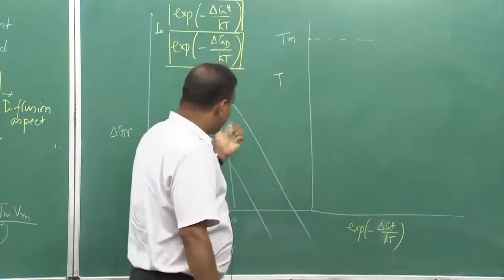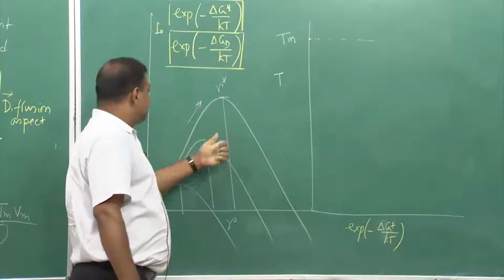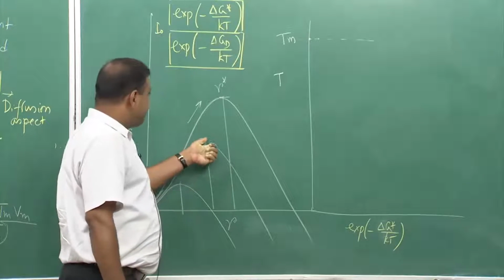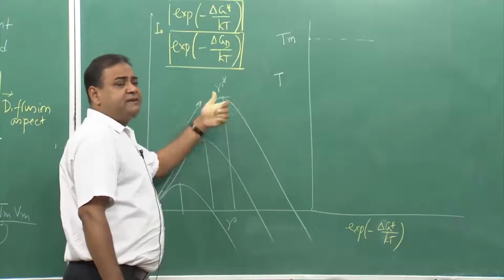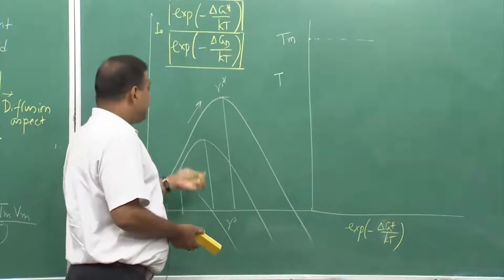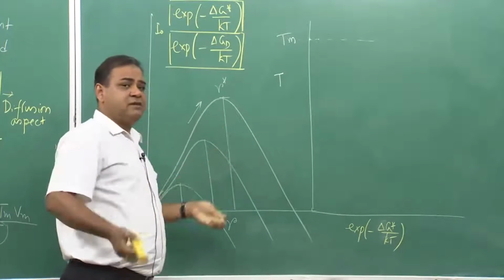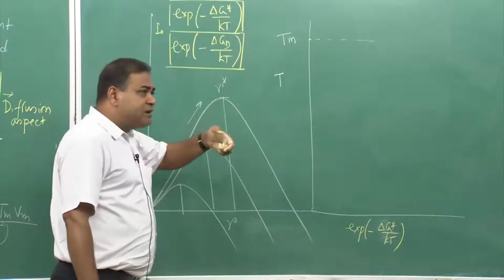Now, as we are going to lower and lower temperature and this particular nucleation event happens, going to the top of this particular peak takes thermal fluctuation. That thermal fluctuation will not be sufficient to form a very large crystal or very large solid. So, we need a little undercooling.